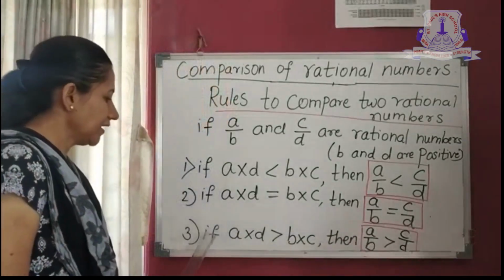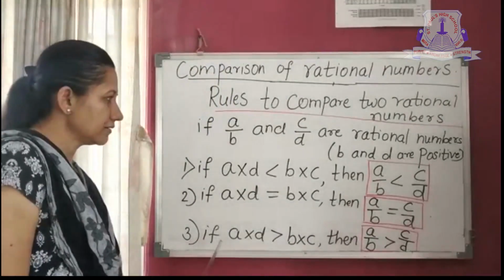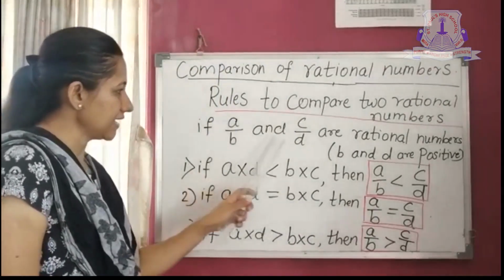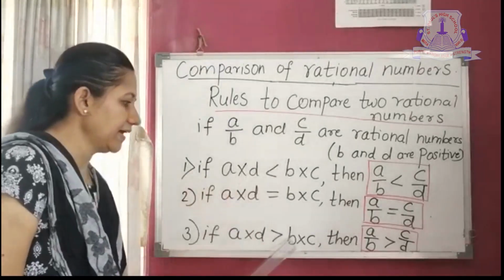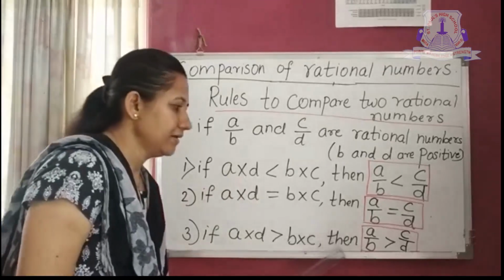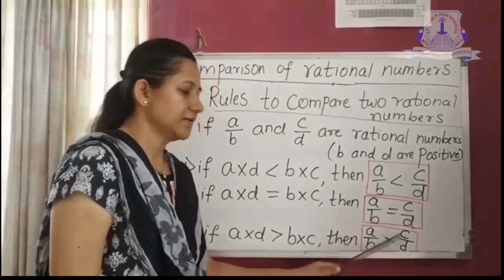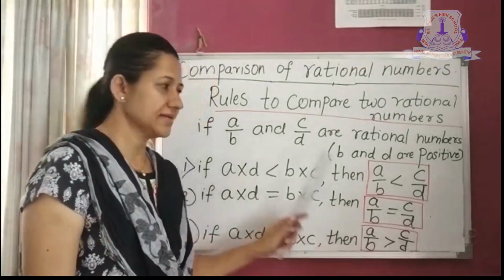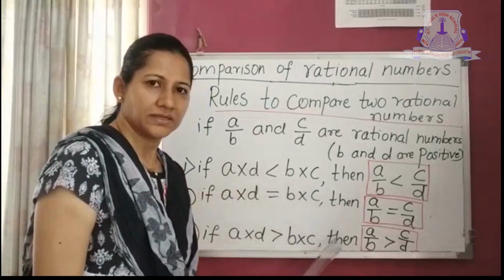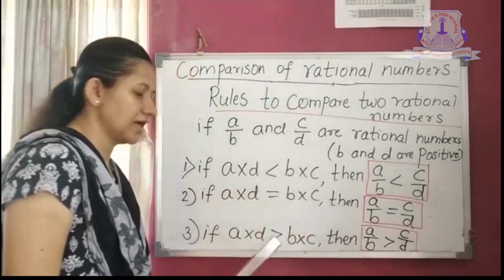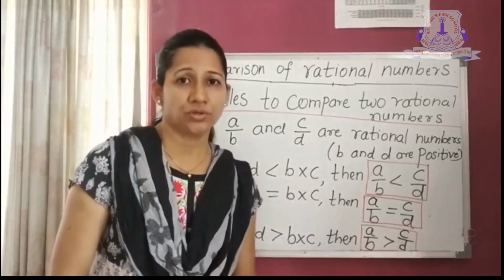Third one: if A multiplied by D is greater than C multiplied by B, then A upon B will also be greater than C upon D. I hope all these three rules to compare two rational numbers are clear to you.